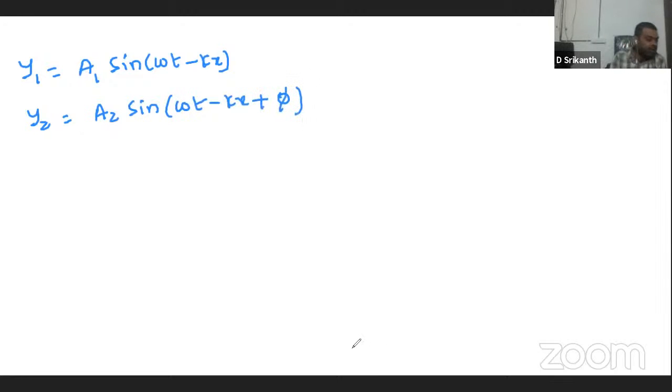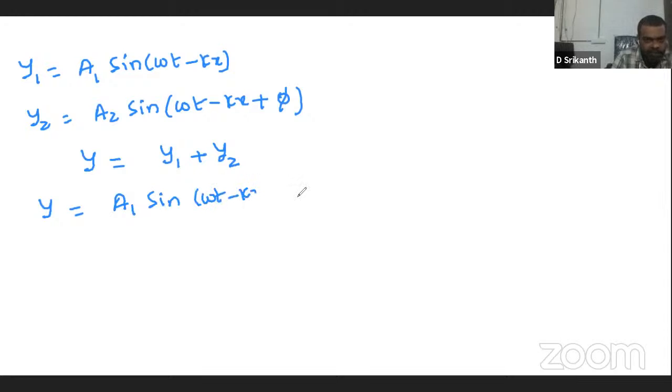According to the principle of superposition, if these two waves are superposed, then the resultant displacement y is equal to the sum of the displacements of the two waves. That is, y equals a1 sin of omega t minus kx plus a2 sin of omega t minus kx plus phi.